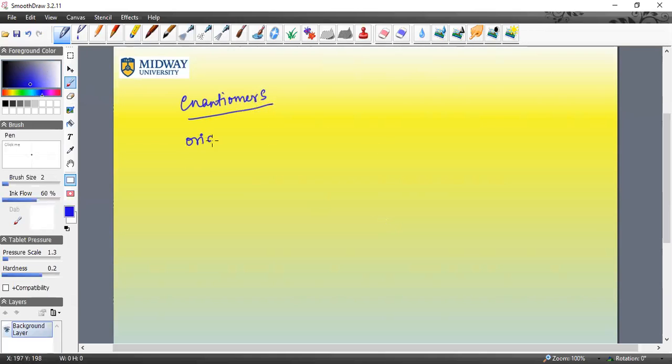So to be an enantiomer, say this is your original and this is the mirror image of the molecule. Let's do some examples for the enantiomers. I've shown you one, but I will show you one more in the next video, because in this video I just want to introduce the concepts. So if you have R and an S, it becomes S and an R when you do the mirror image.